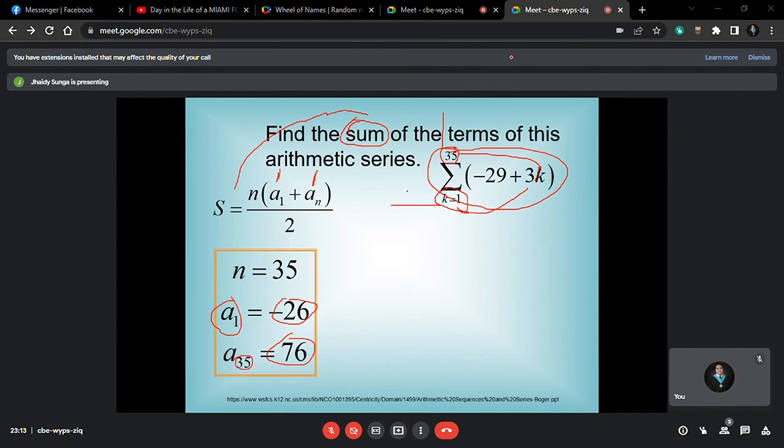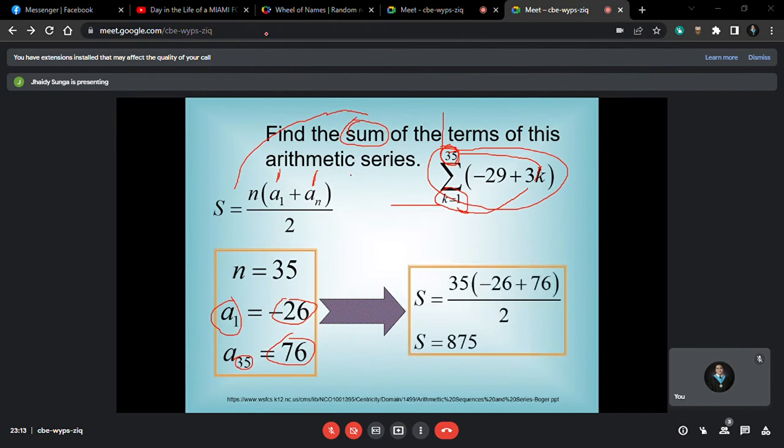In summation as well, as you will notice, the n is the term number, so all numbers above the summation will be the term. So therefore the term number is 35, right? After that one, what's the next step? Because we are finding the sum, we then find the sum.